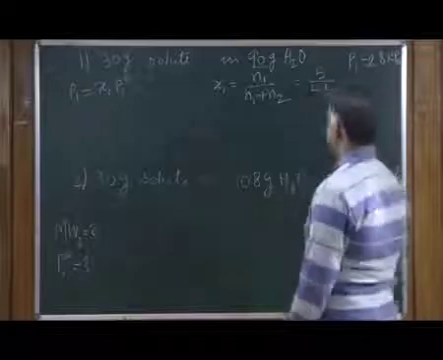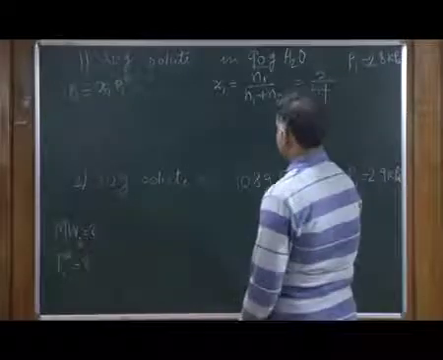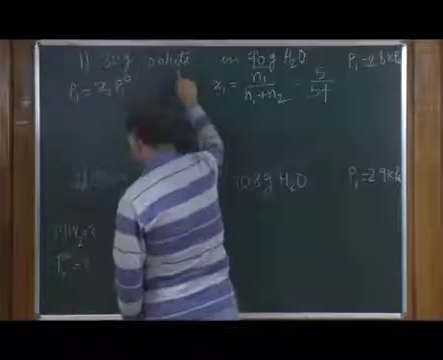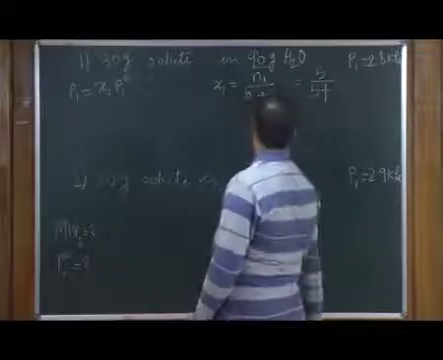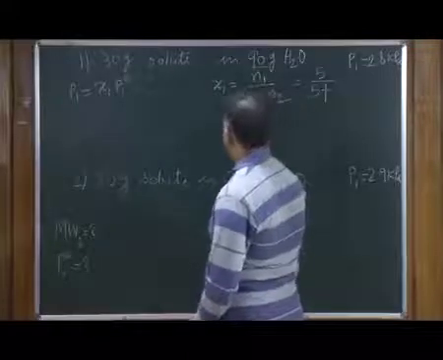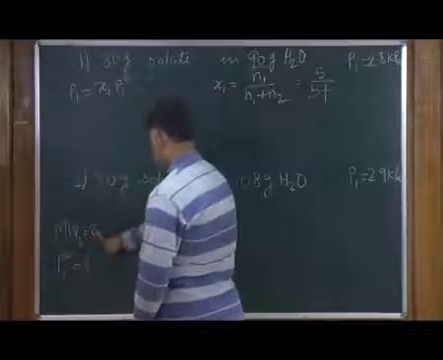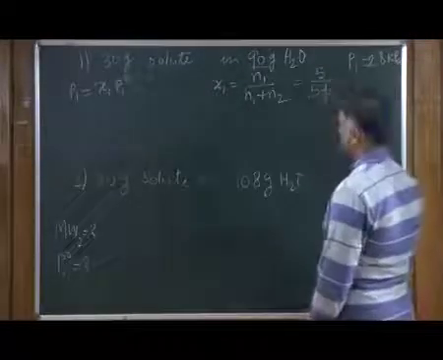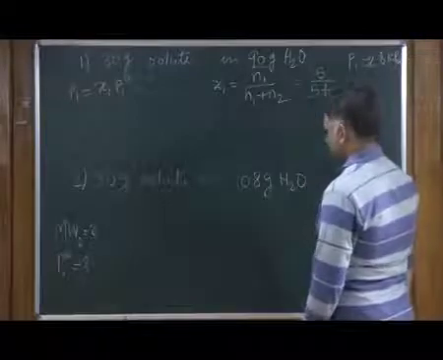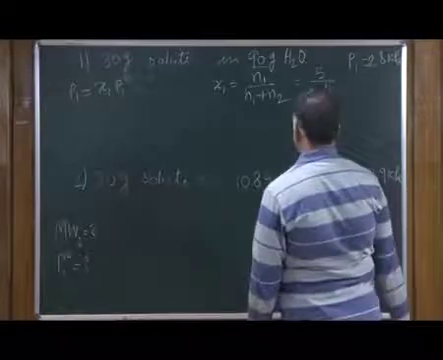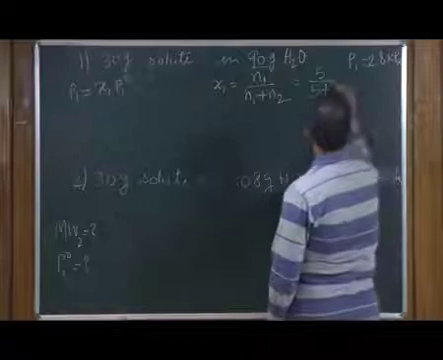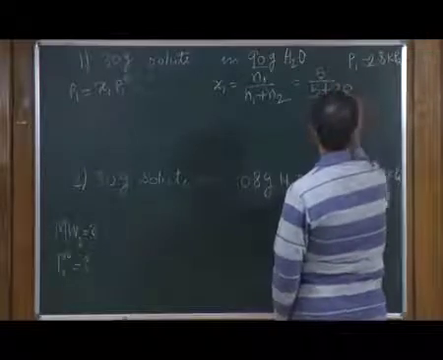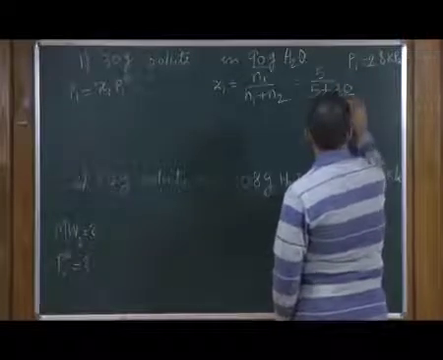What about N2? N2 we are given 30 gram of solute and the molecular weight is unknown. That is what we have to figure out. So, we will just put moles of solute in terms of molecular weight of solute. So, that would be 30 gram divided by molecular weight of solute.